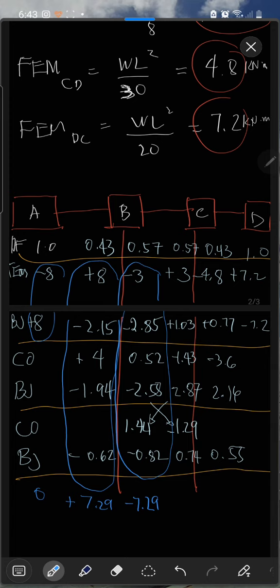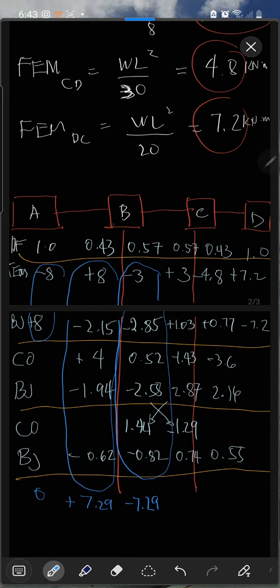So sa C na punta, we have 3 plus 1.03 minus 1.43 plus 2.87 minus 1.29 minus 0.74.